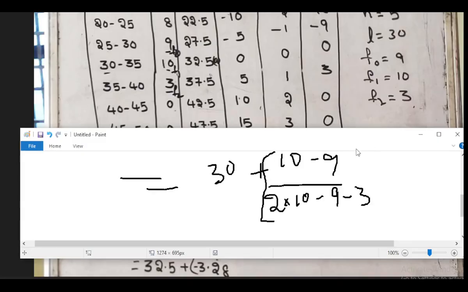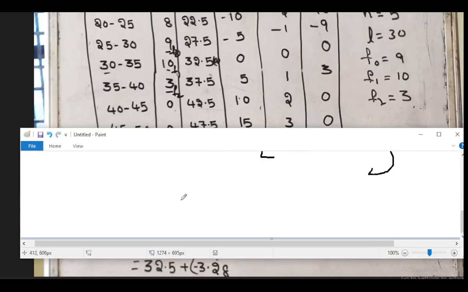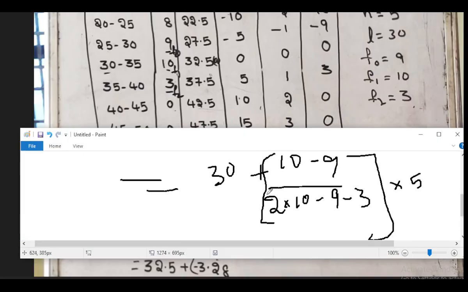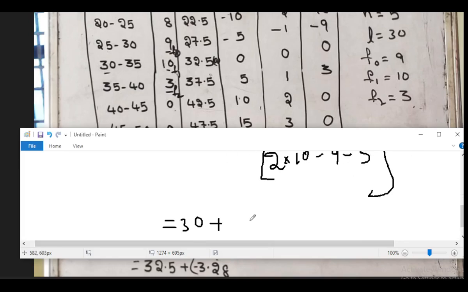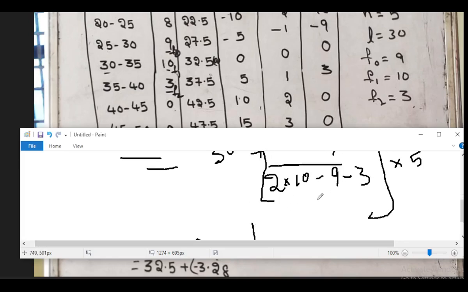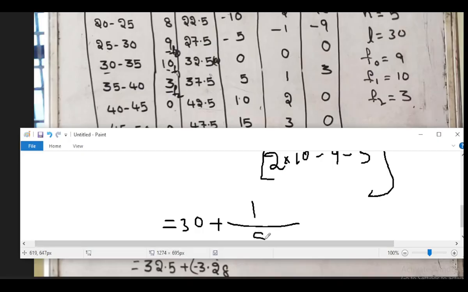So the class is 30, the lower boundary, plus, if we go for simplification, 10 minus 9 is 1, and 20 minus 12 is 8, into 5.